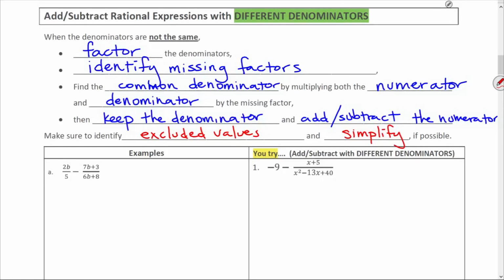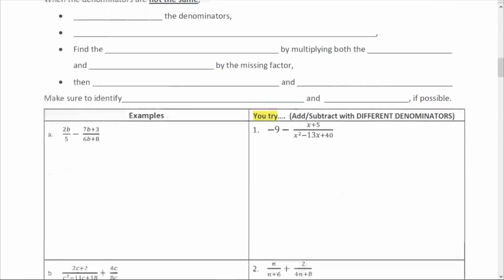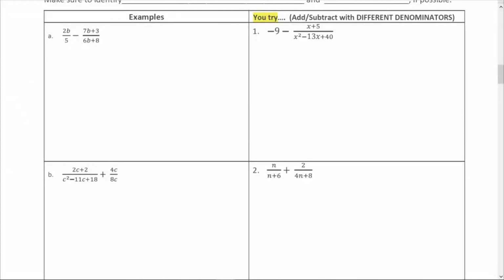All right, so let me scroll up here so I have a little more space to do these problems. The first thing that we do is we factor all the denominators. In letter A, number 5, I can't do a whole lot with the 5. But the 6b plus 8 has a GCF of 2, and I get 2 times (3b plus 4).